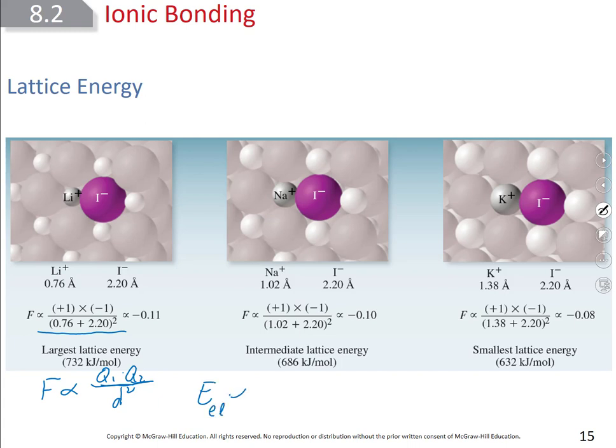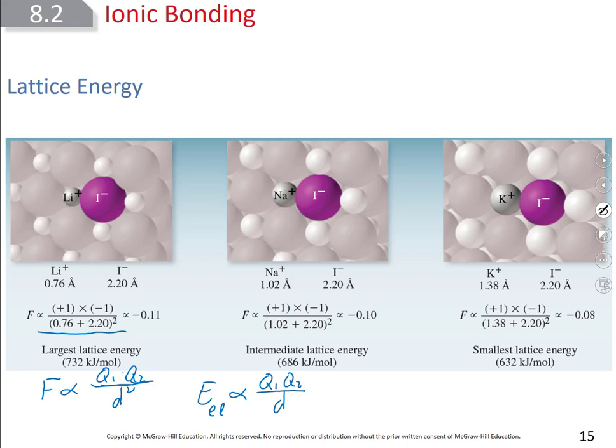The electrostatic energy is proportional to the product of the charges, Q1 times Q2, divided by the distance. Coulomb's law just puts it in terms of force and squares the distance, but when you're comparing two things and they both have the distance squared, it's going to end up being the same thing. So really, you can use either equation, it'll work the same.